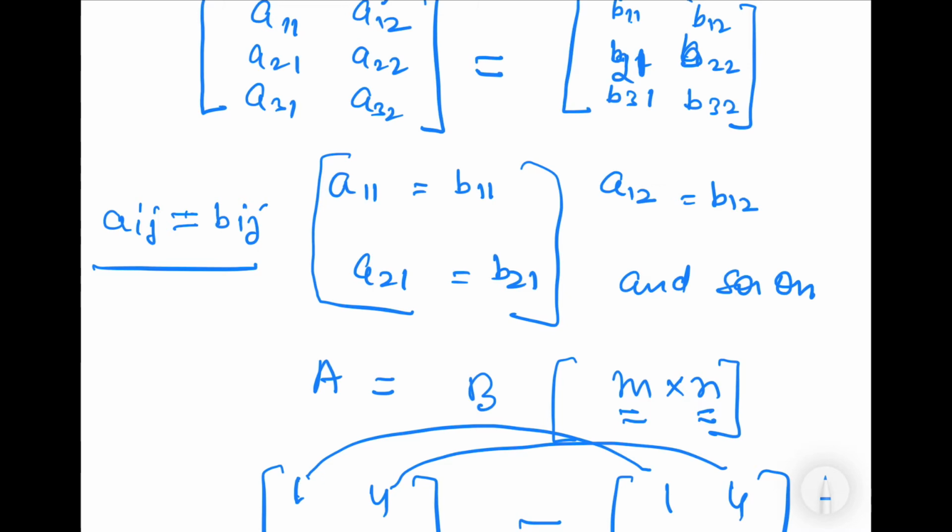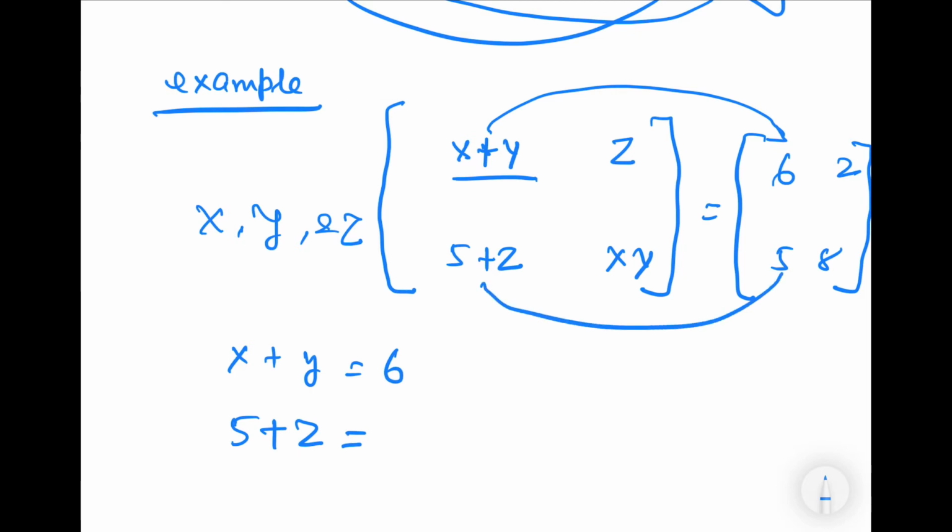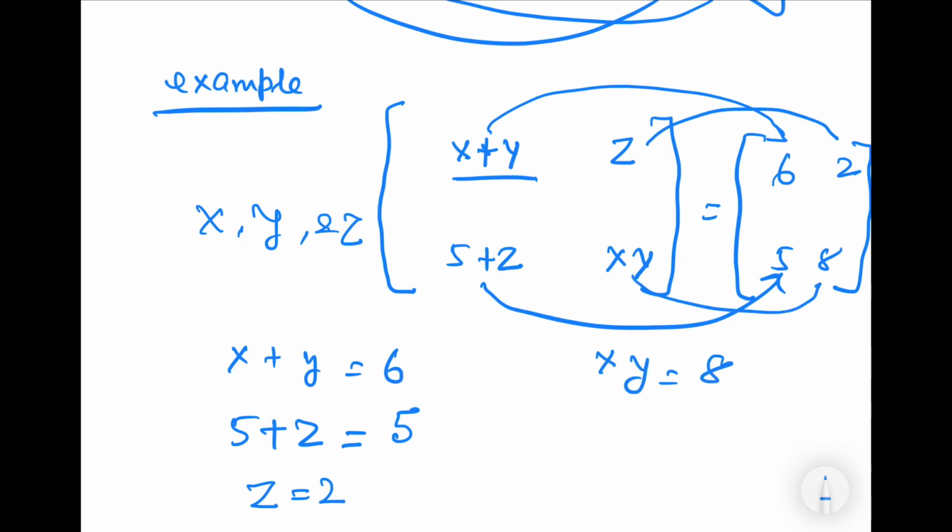Now, we come back to the example we are taking. If these two matrices are equal, then corresponding elements are equal. X plus y is equal to 6 and 5 plus z is equal to 5. This 5 plus z is equal to 5, z is equal to 2 and xy is equal to 8.